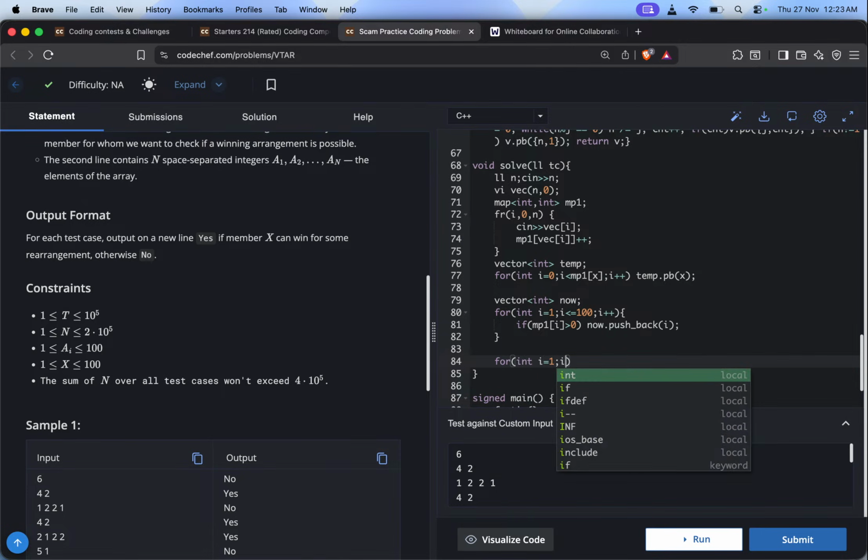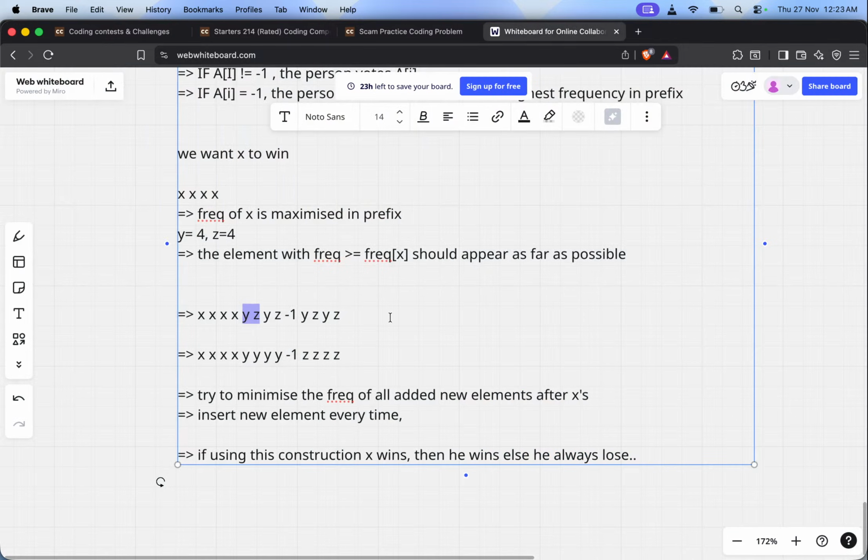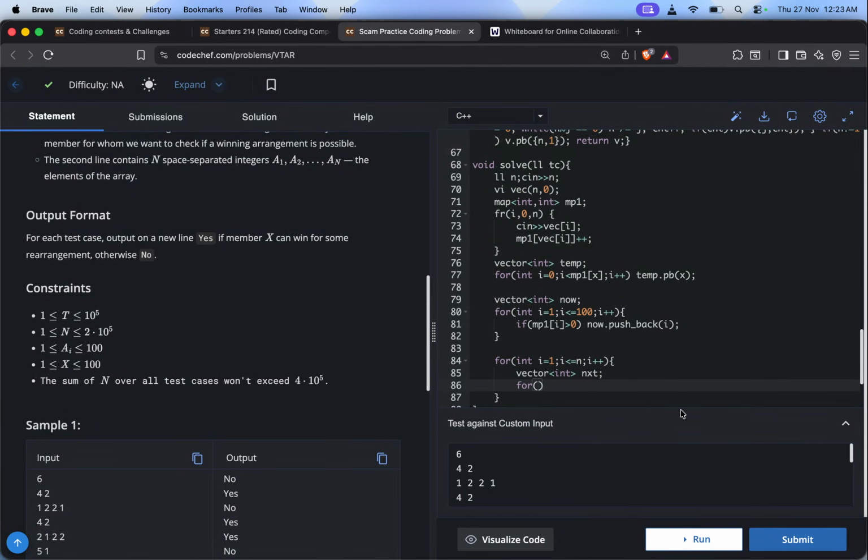Now iterate over all the possible frequencies. What are the possible frequencies? From 1 to n. An element can have at most n frequency. Now create a vector named next. Next represents what will be the elements in the next subarray. This is the first subarray; create the elements that are present in the second subarray. Iterate over all the elements in now.